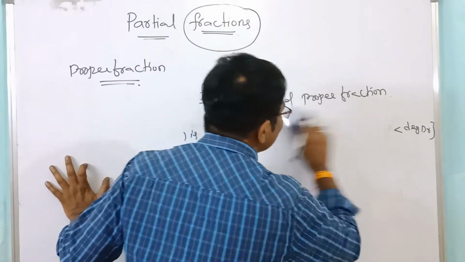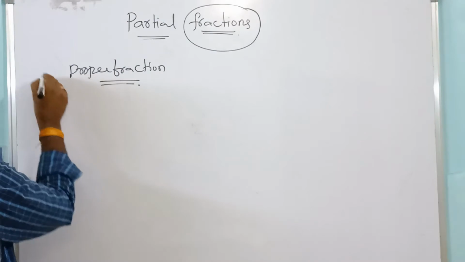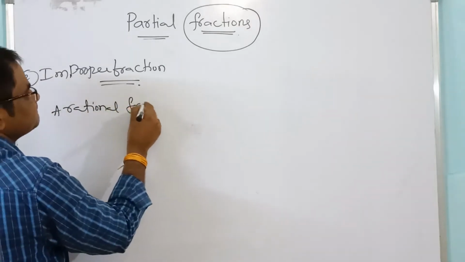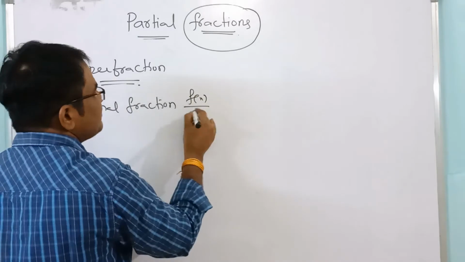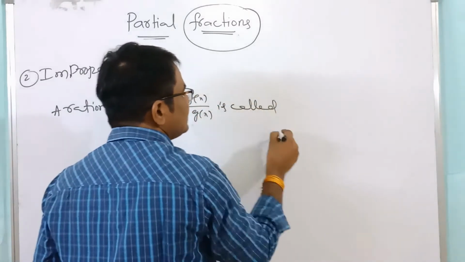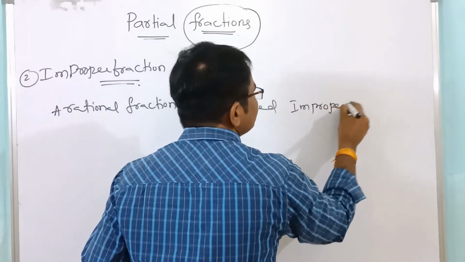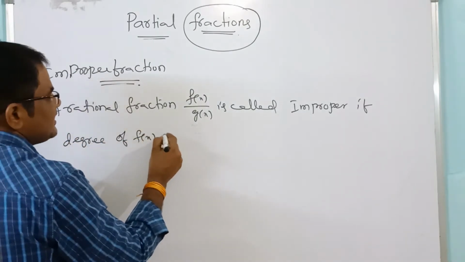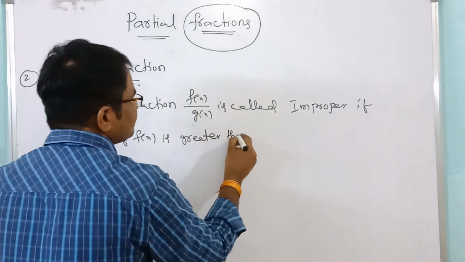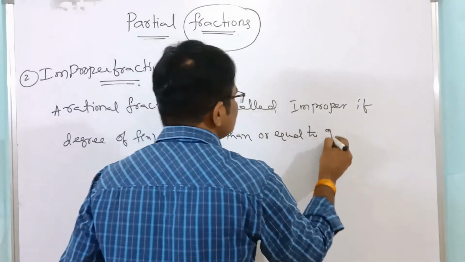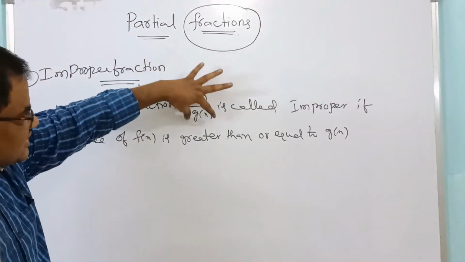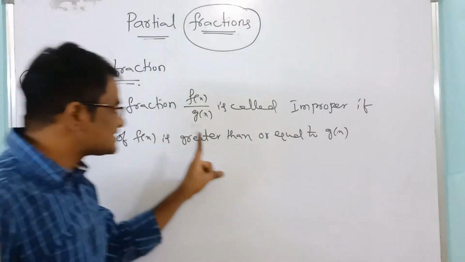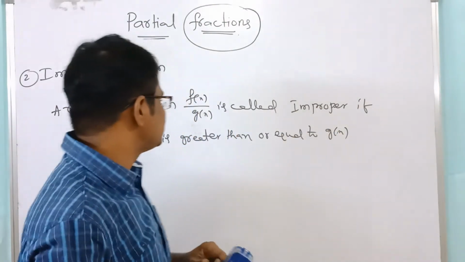Second one is improper fraction. A rational fraction f of x by g of x is called improper if degree of f of x is greater than or equal to degree of g of x.